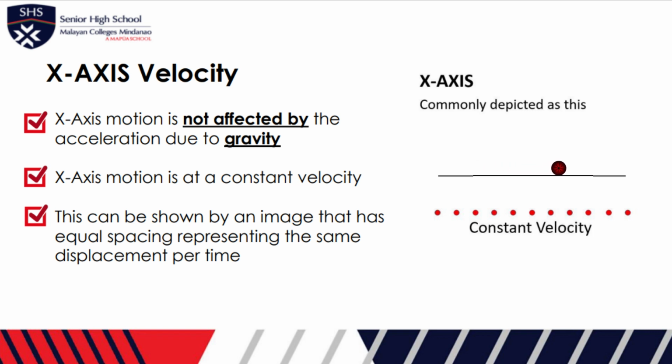The constant velocity is commonly depicted as in the GIF on the right side. As you can see, point 1 to point 2 and point 2 to point 3 have almost equal spacing, representing the same displacement per time.